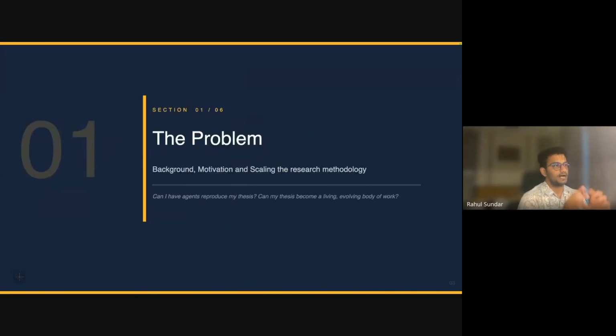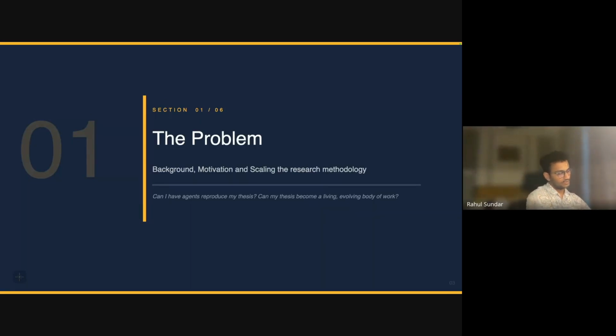So it started with the larger question, close to my thesis submission: Number 1, can I have agents reproduce my thesis? Number 2, can my thesis become a living, evolving body of work? Why should the research in a particular topic, through me or through people who carry forward the work, not be restricted to that particular thesis, but rather move forward, be able to build on top of it and automate some parts of it?